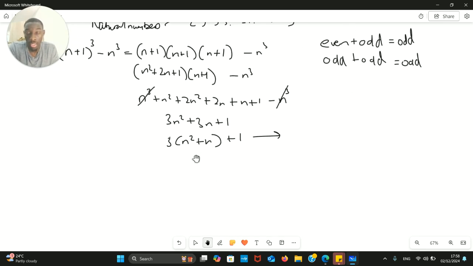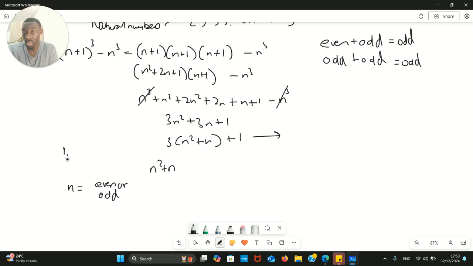So what we want to do here is look more into n squared plus n. Now, if we take any number and you square it, whether it's even or odd, because n can be an even or odd number as an integer, because we know 1 is odd, 2 is even. So the only possible types of numbers you can have are even or odd.